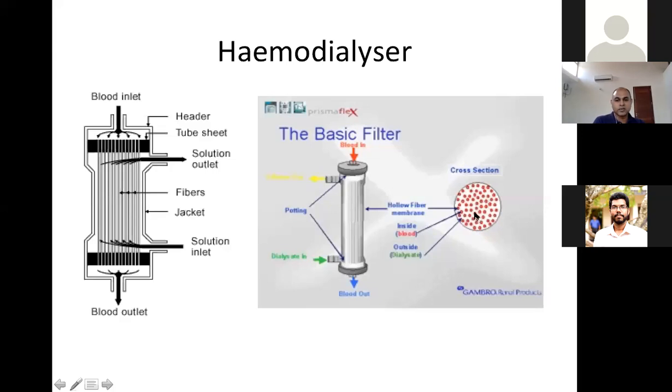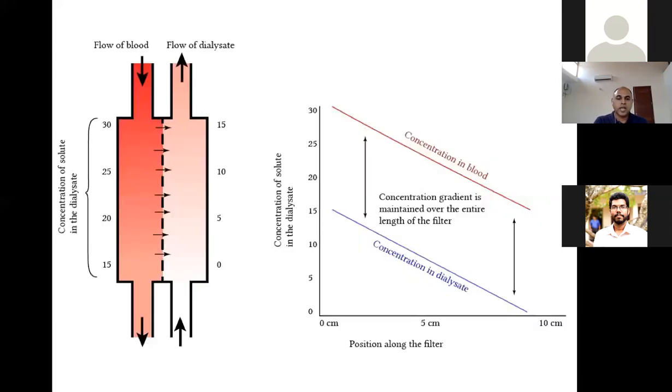These are cylindrical tubes which carry blood, and outside these tubes you have the dialysate. The dialysate and the blood don't come into contact with each other. They are separated by a semi-permeable membrane.